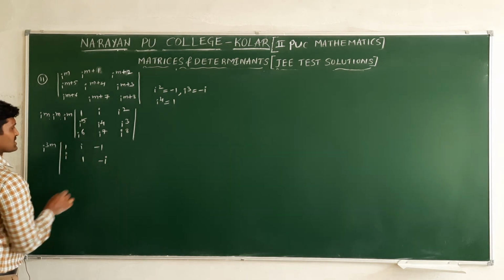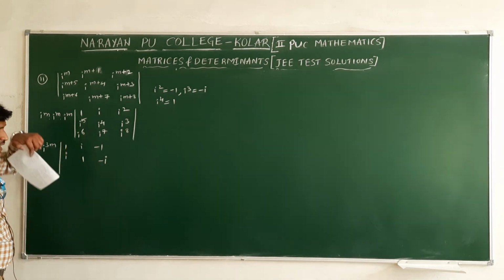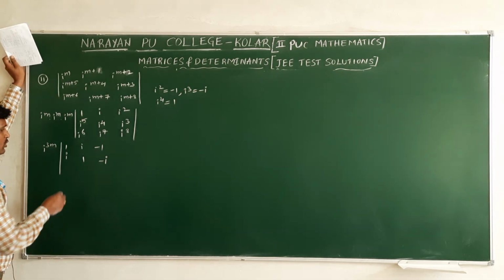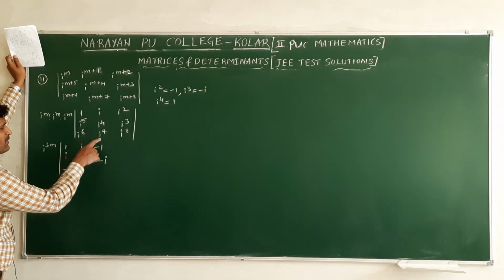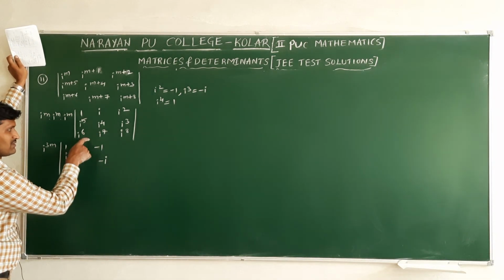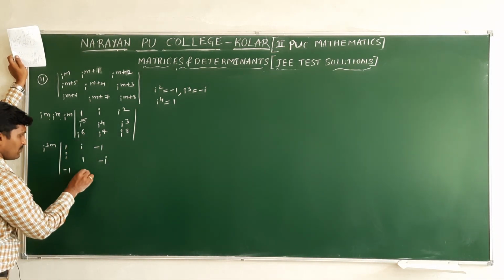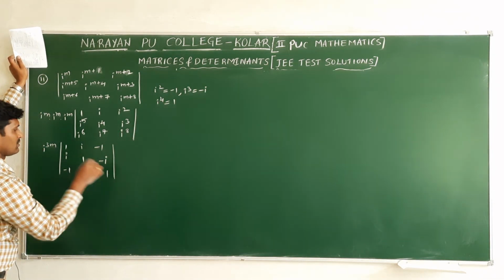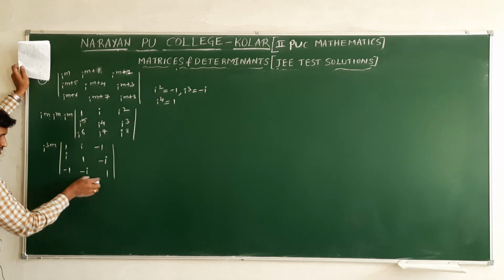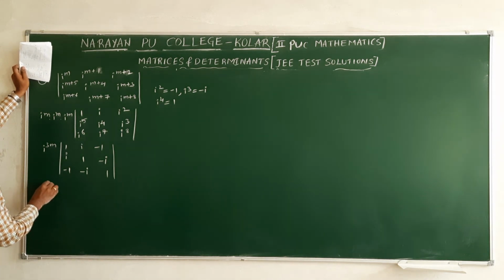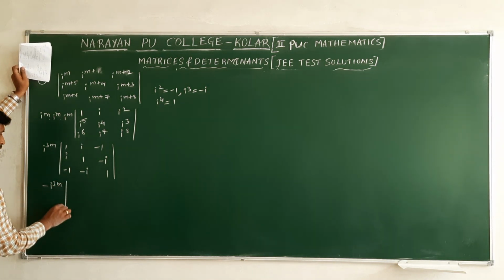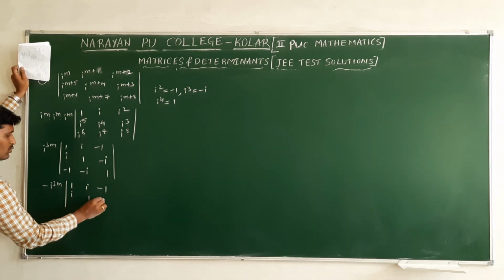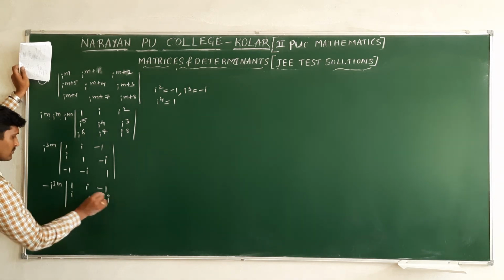i cube is minus i. i power 6 means you can write i square whole cube. i square is minus 1, whole cube means minus 1. i power 7, i power 6 into i. i power 6 how much? Minus 1, that is minus i. i power 8, i power 4 whole square. I will take minus common from third row. 1, i, minus 1. i, 1, minus 1, i.